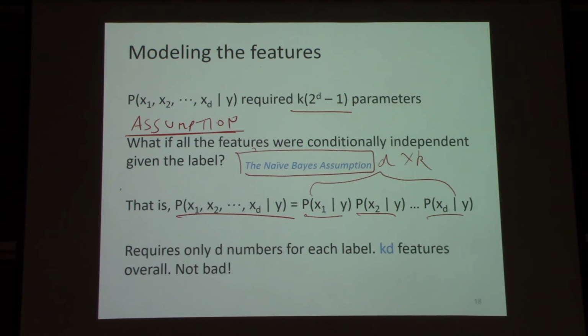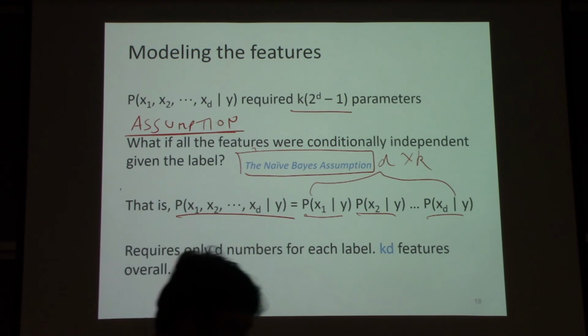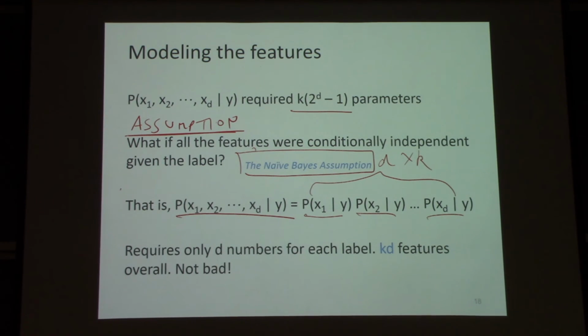If your email is spam and you have the words, say, free and, I don't know, antivirus in your email, then this assumption says the probability of observing free in your spam email is independent of whether the word antivirus shows up or not. In practice, this is almost never true, but it's a convenient assumption that we make to make our math easier.